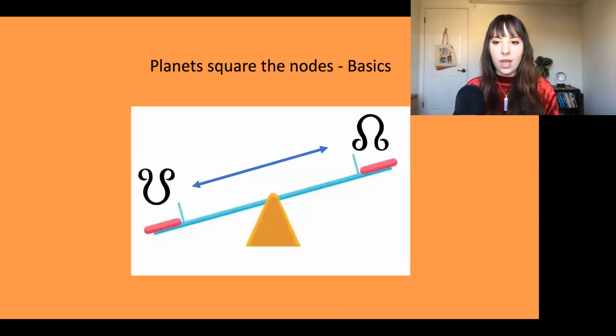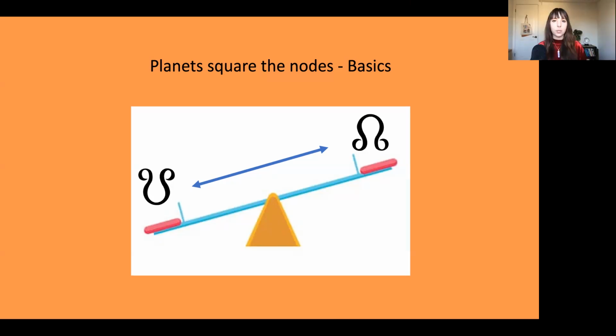And so a little bit about what planets square the nodes means and the scope of this talk. So the nodal axis, we have a typical storyline that the south node is our past lives, and that the north node is like a future direction that we're working or aspiring to in this lifetime. And this is the basic trajectory if the nodal axis is not squared by another planet.